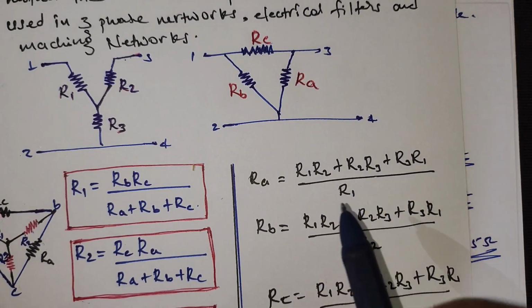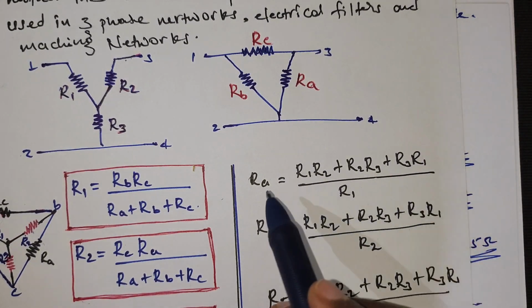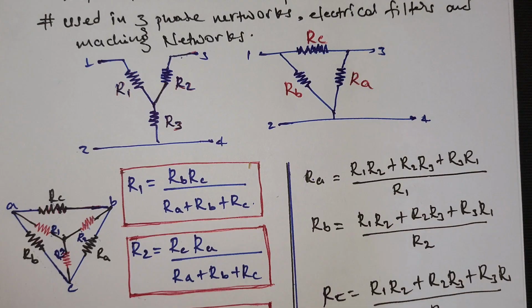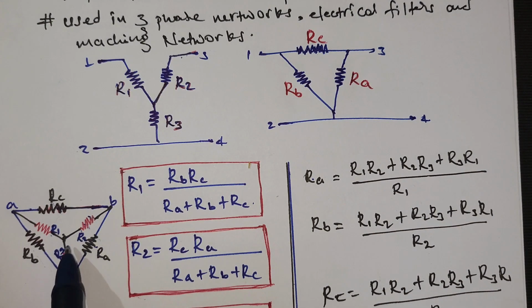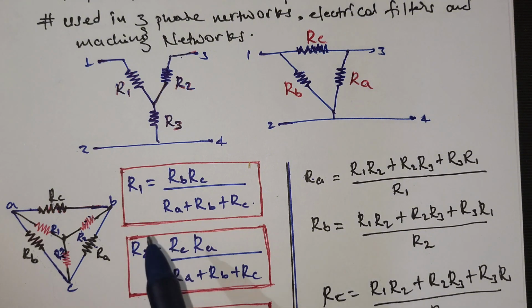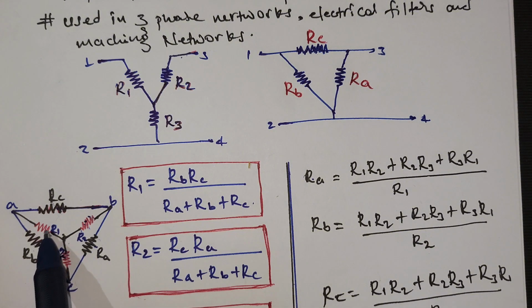So in order to calculate RA for this network, we multiply each possible two resistors divided by the corresponding resistor on the opposite part of the resistor we need to calculate.